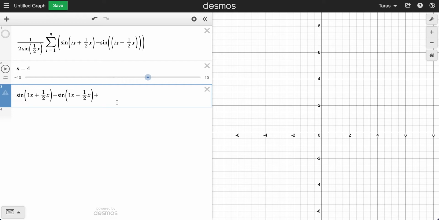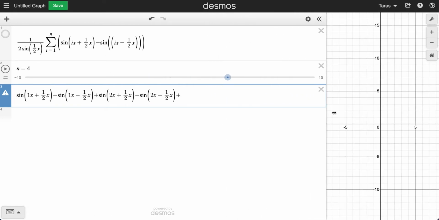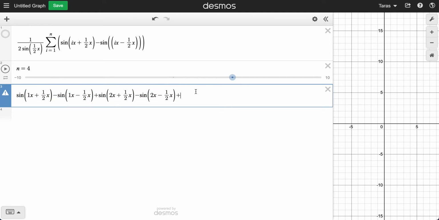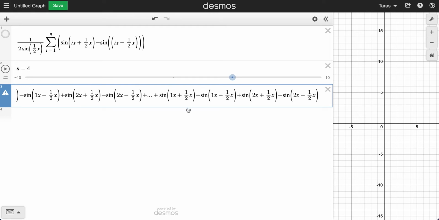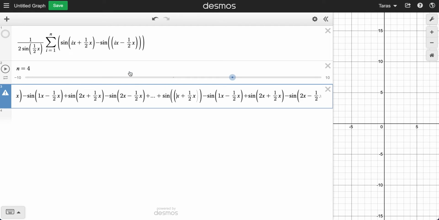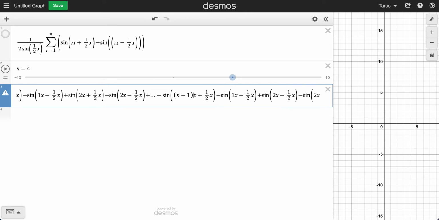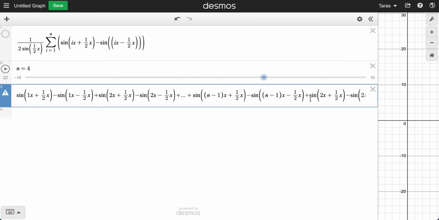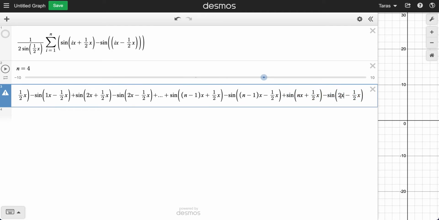This is the first term. The second term, we just substitute a 2 for an i because we sum over i. And let's write out the last two terms. We sum from 1 to n, so the next to last term will be n minus 1. And here let's substitute the last term n.